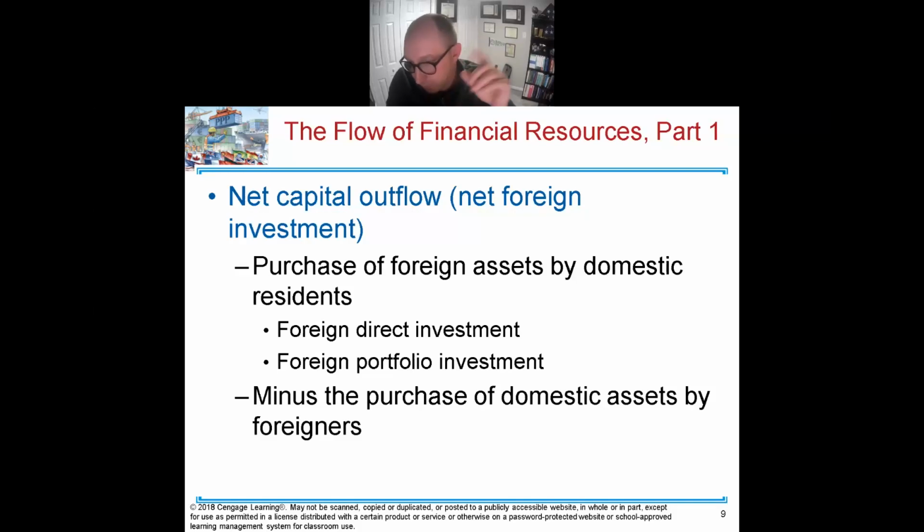Which, by the way, quick sidetrack. For those of you who have a 401k or some type of retirement fund, and you have the ability to make decisions on your investments in those funds, I always recommend having a small percentage in international stocks.